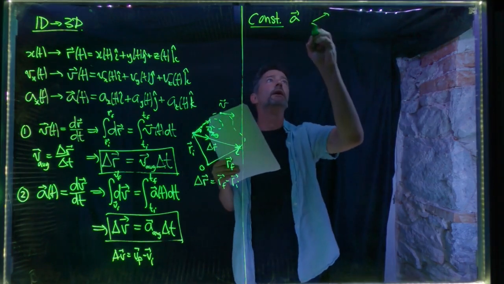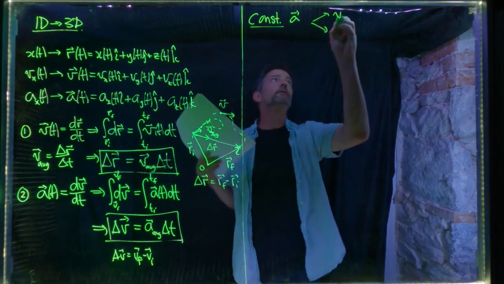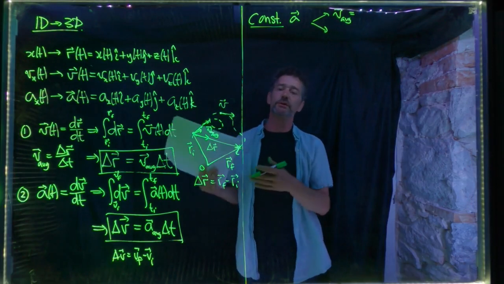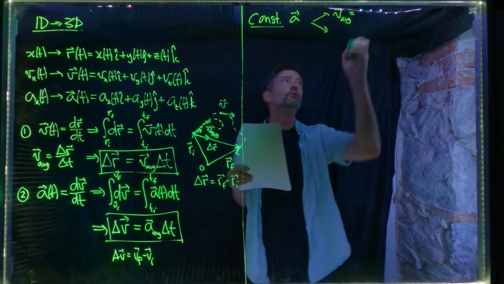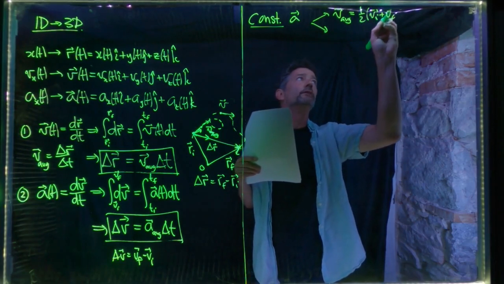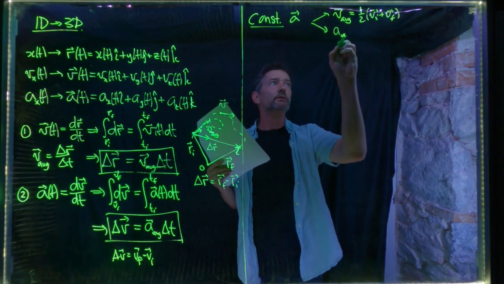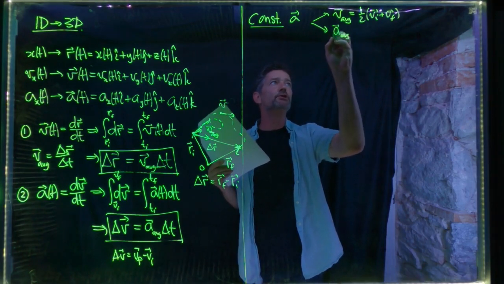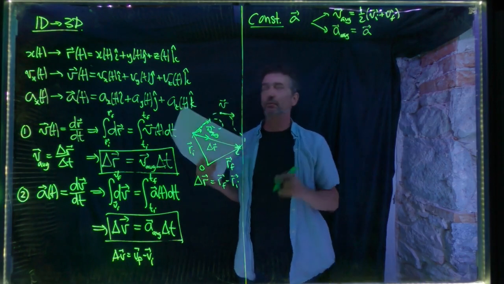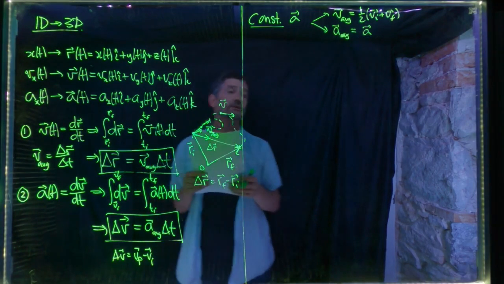The average velocity, v average, is going to equal the initial velocity plus the final velocity divided by 2, so 1/2 v initial plus v final, and also the average acceleration is just going to equal that constant acceleration. So we can use these two to specialize these two formulas to constant acceleration.